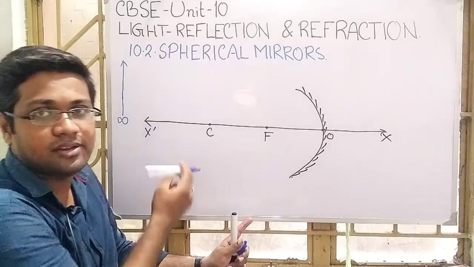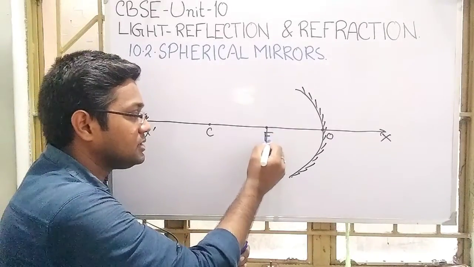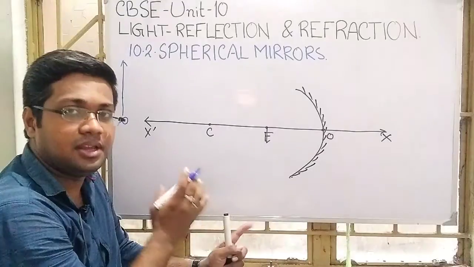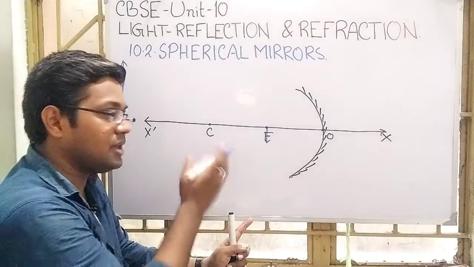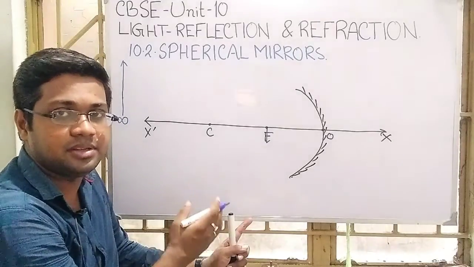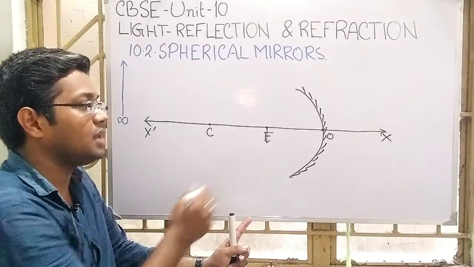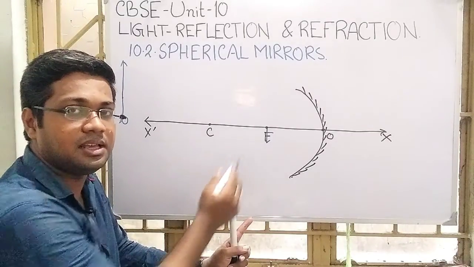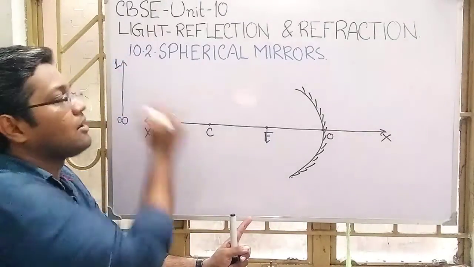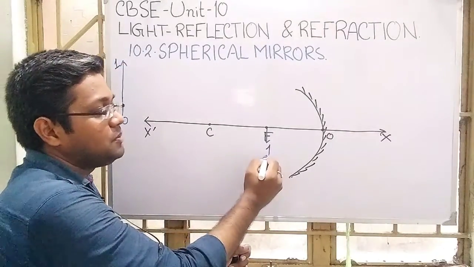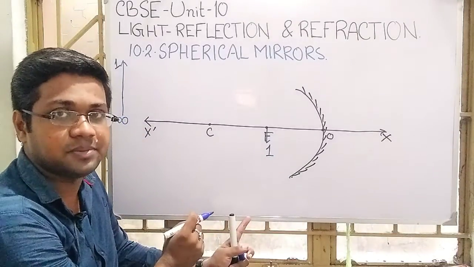It is placed at infinity, and the image will be formed at the focus, of relatively very small size compared to the object. The image is highly diminished, inverted, and real. So this is position number one for the object, and this is position number one for the image.